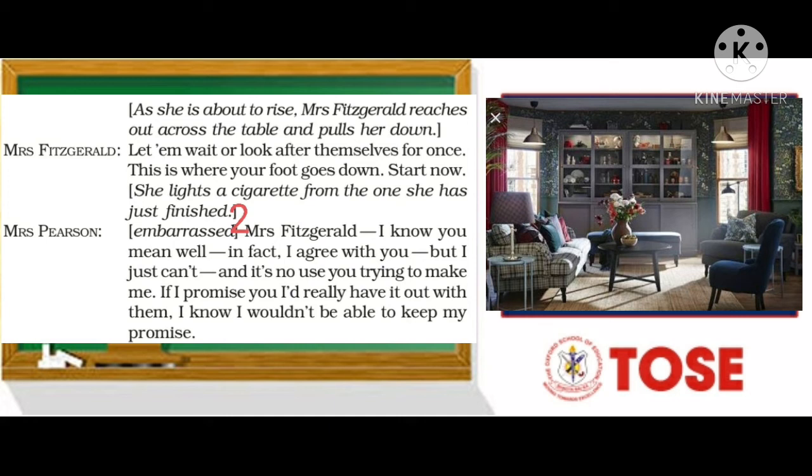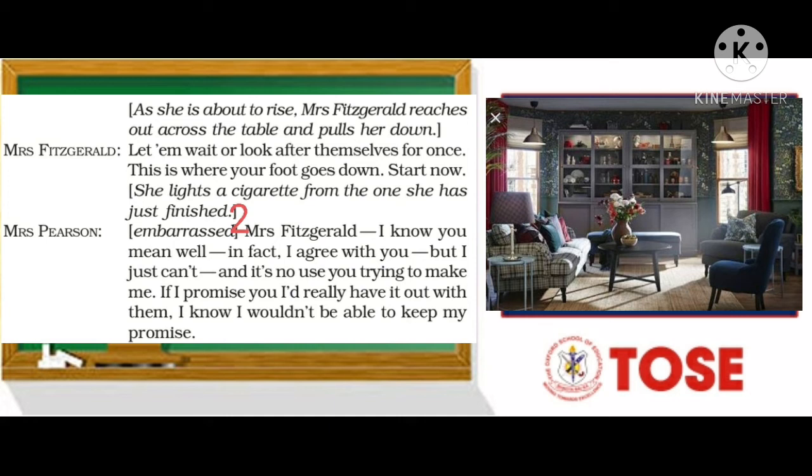When Mrs. Fitzgerald stopped Mrs. Pearson from doing that, it means she wanted to go quickly and prepare something for them. On that, Mrs. Pearson said to Mrs. Fitzgerald, I know you mean well, meaning she knew that she didn't have any wrong intention, and she even agreed with her.